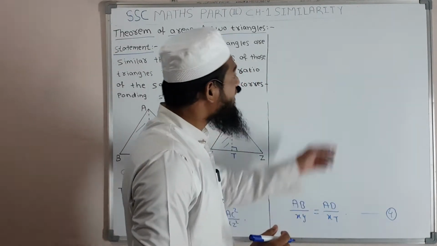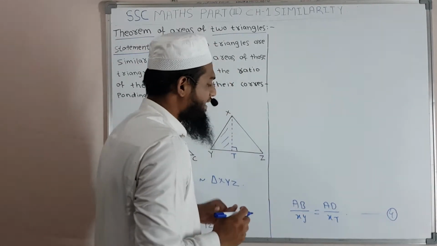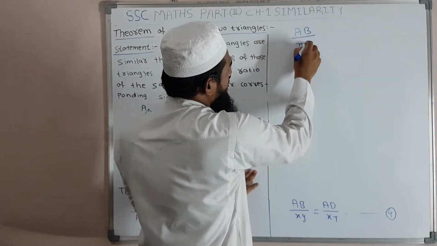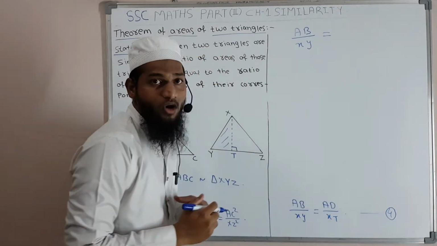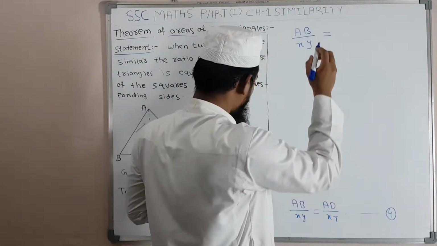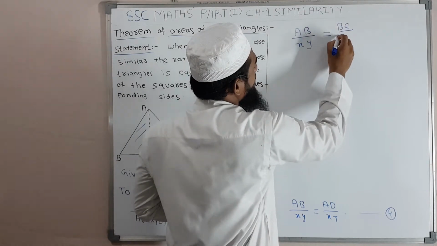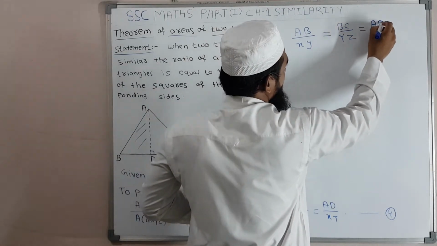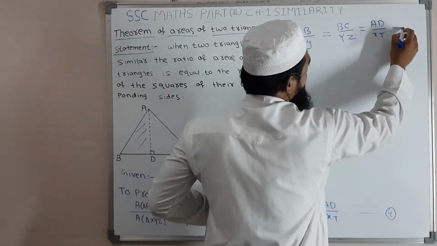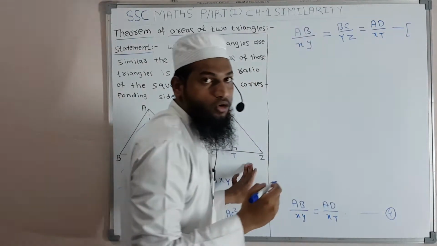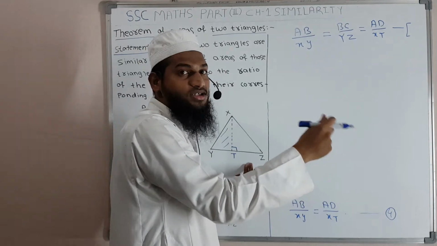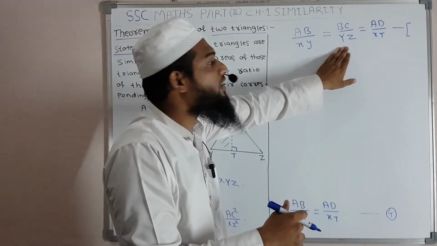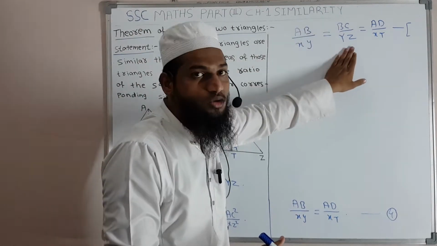Now I am continuing from here. So what can I write here? AB upon XY is equal to BC upon YZ is equal to AD upon XT. What is the reason? From 3 and 4. In the last step I gave equation number 3, and on that basis I can write BC upon YZ here, because AB is equal to BC and XY is equal to YZ.